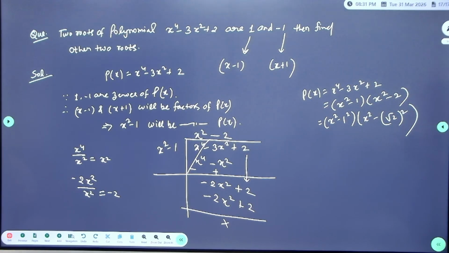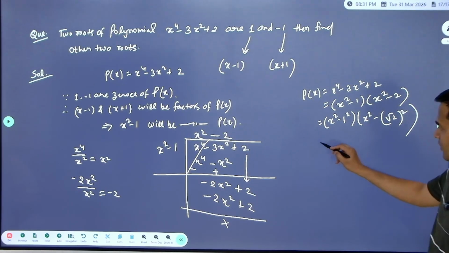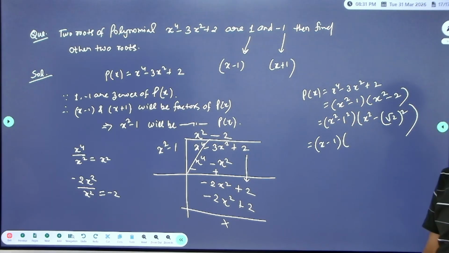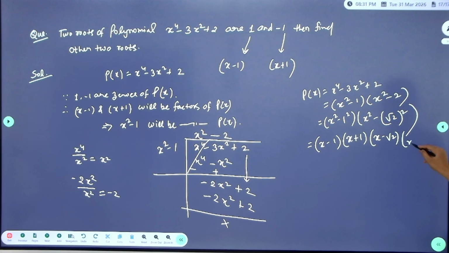So we can write 2 as root 2 square. So we can write x square minus 1 as a square minus b square, which is a minus b into a plus b: x minus 1 into x plus 1. And this is x minus root 2 into x plus root 2.